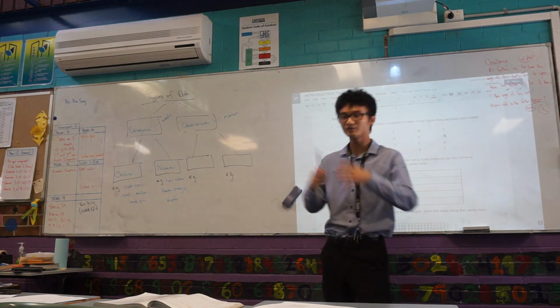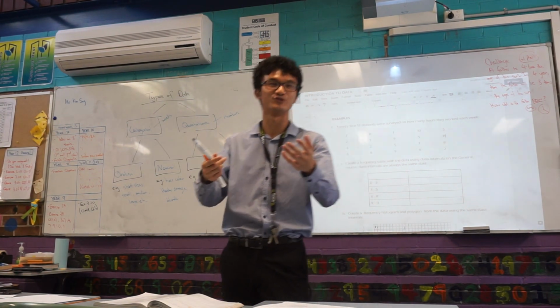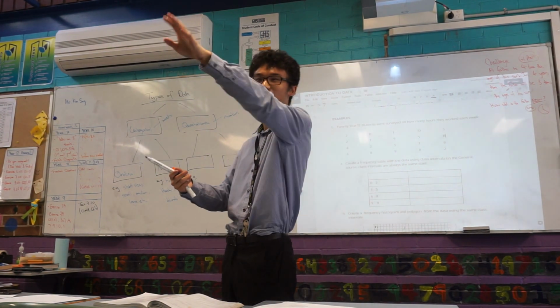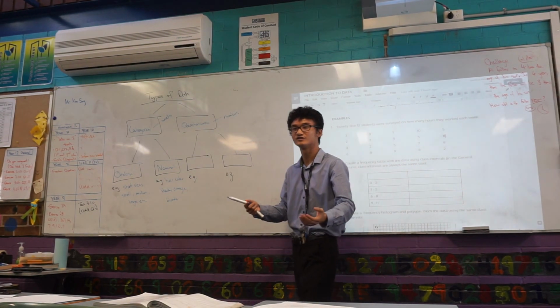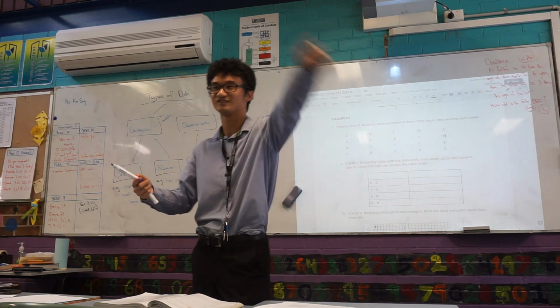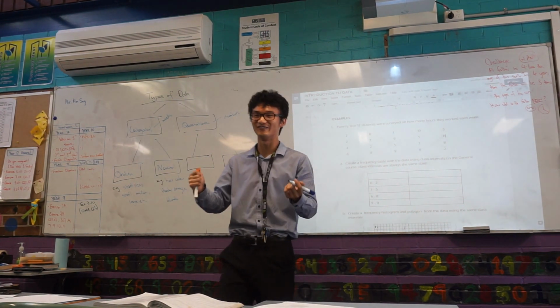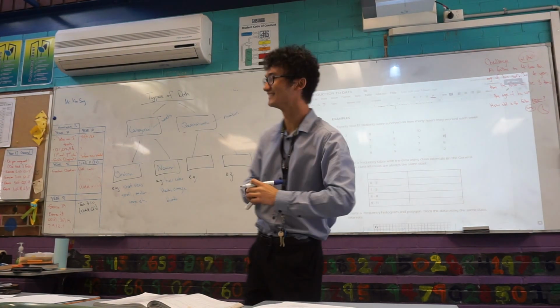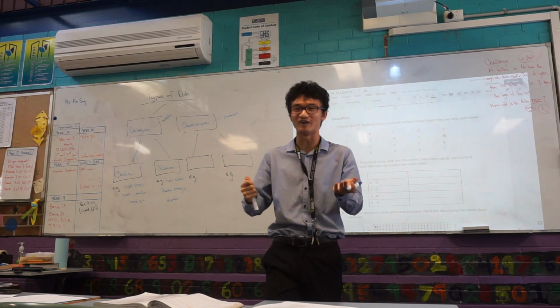Even within numbers, we have these different types of numbers. For example, how many people in this room? There's 1, 2, 3, 4, 5, 6, including me. You can only have whole numbers. You can't really have half a person, right?